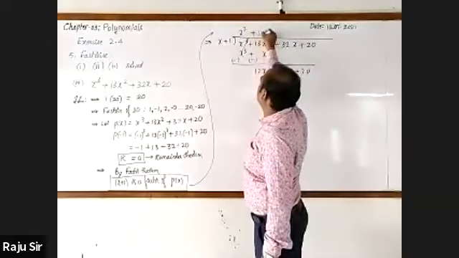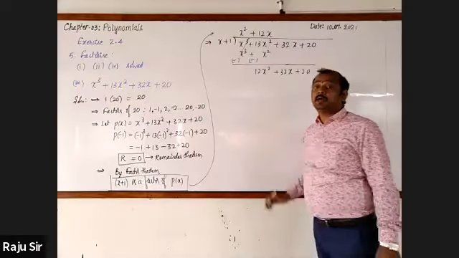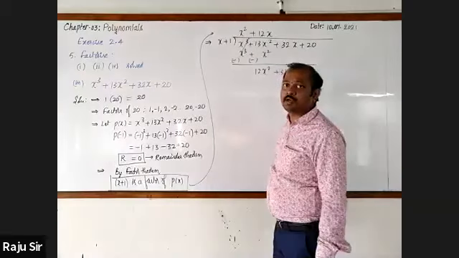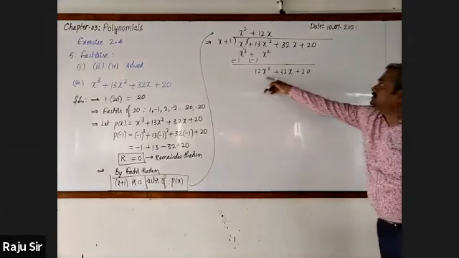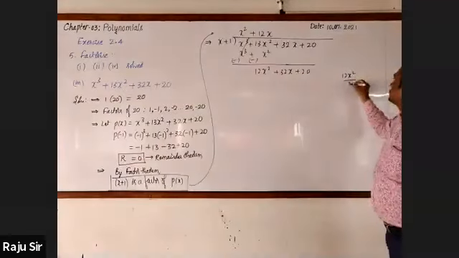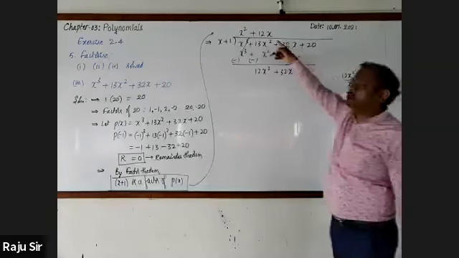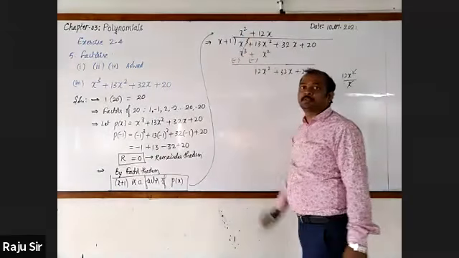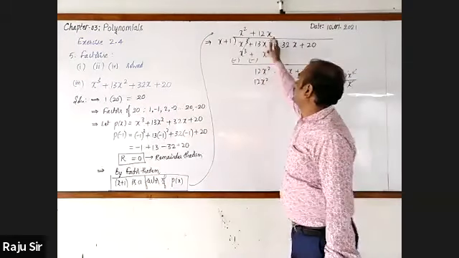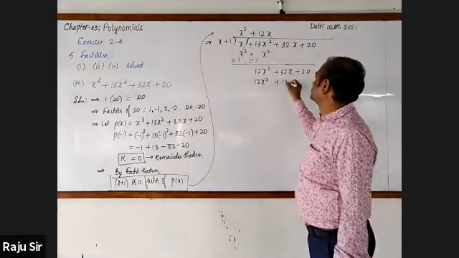Here 12x square is there, here is x, so we should multiply 12x. I have already given you the information on how to take these terms. You may use a working column like this. The first term is 12x square and their first term is x. Divided, it gets cancelled, you get 12x. This 12x should be multiplied with both terms. 12x into x is 12x square, 12x into 1 is 12x.